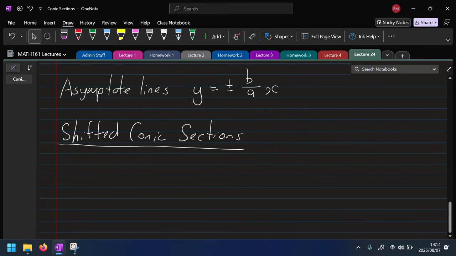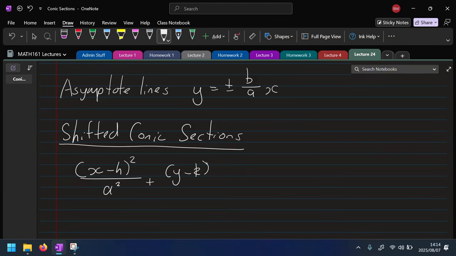So if we have an ellipse, we can move it left and right, we can move it up and down. So we can write it as x minus h squared over a squared plus y minus k squared over b squared is 1. So this is shifting to the right by h and up by k.